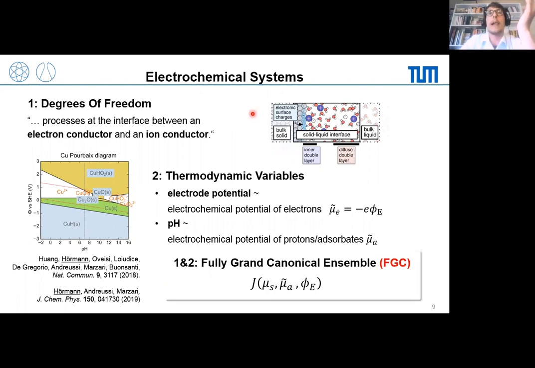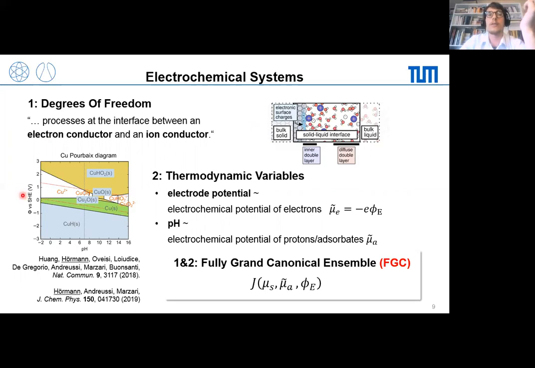We have to look first for the relevant degrees of freedom. As I've said already, it's pretty obvious that we have at least two degrees of freedom, just based on the definition: the number of electrons, and the number of ions in the electrolyte solution. Then the next question: what are the relevant thermodynamic variables that we can tune in the experiment?